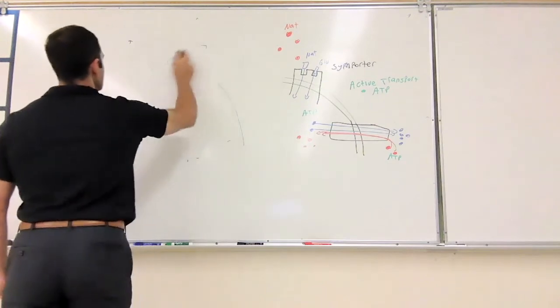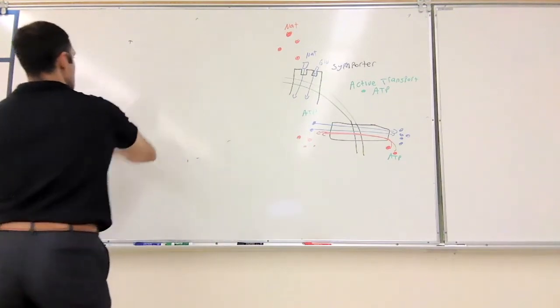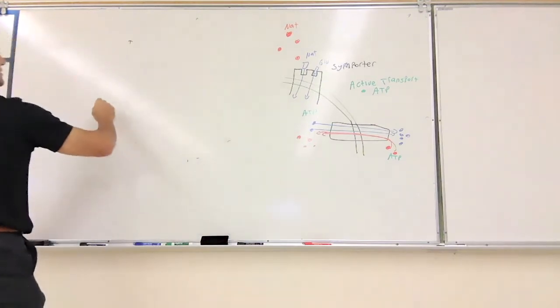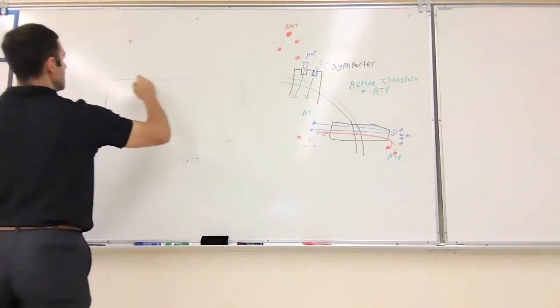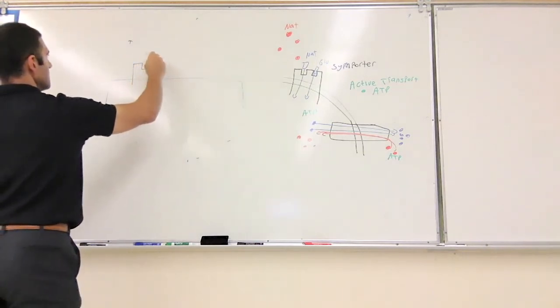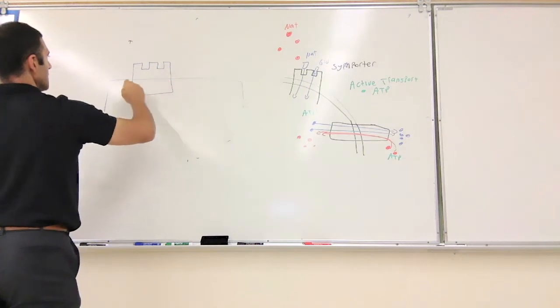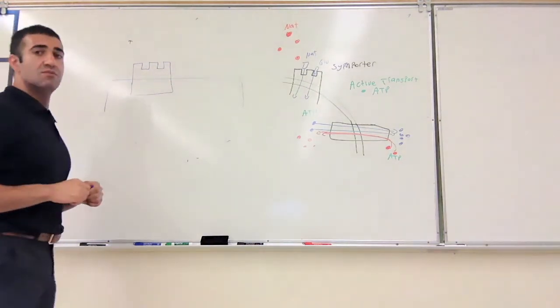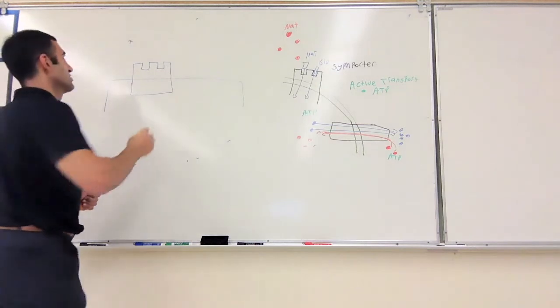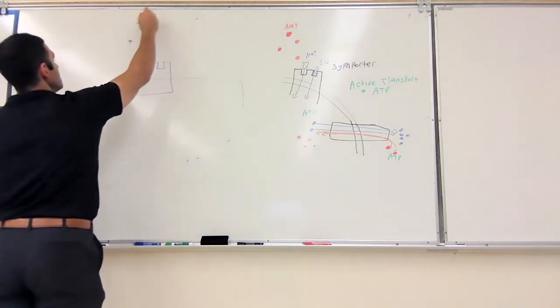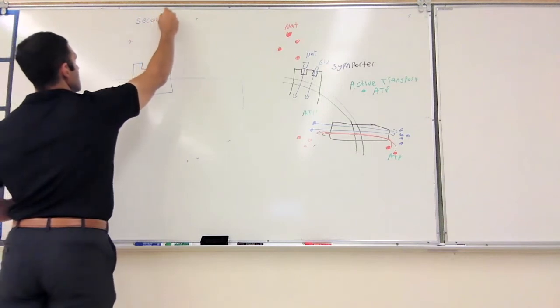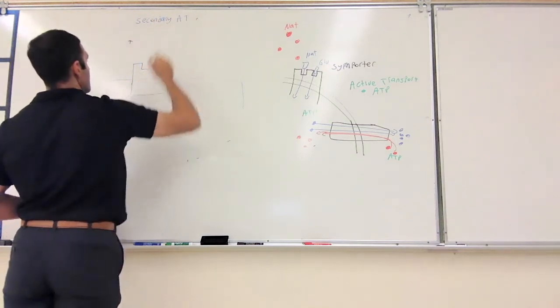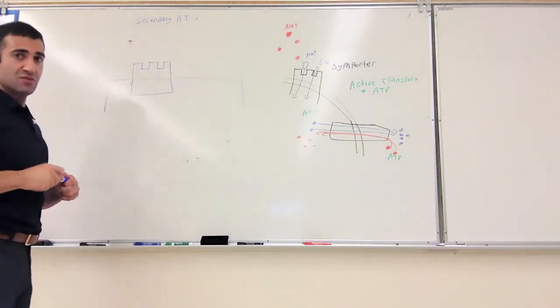Let me redraw it. Why make life hard? Now, what secondary active transport does is it moves both molecules in the same direction. So this right here, secondary active transport. Let's abbreviate AT for active transport.